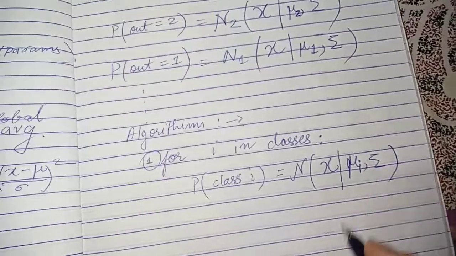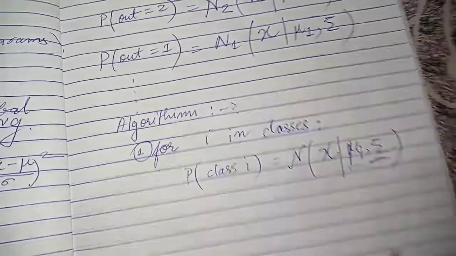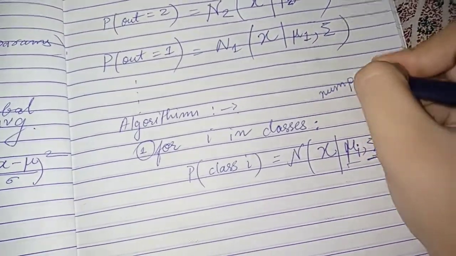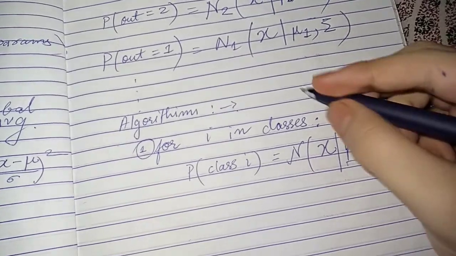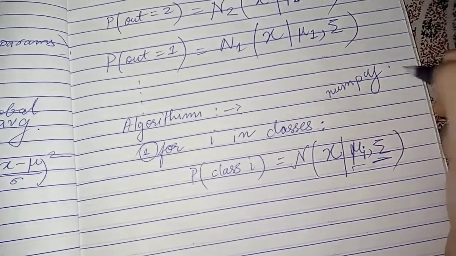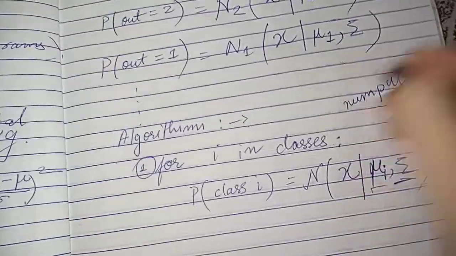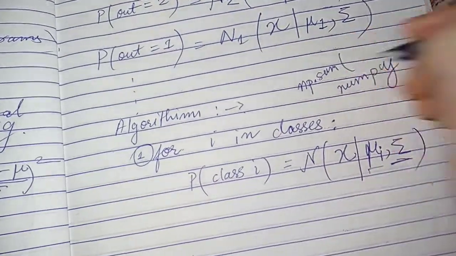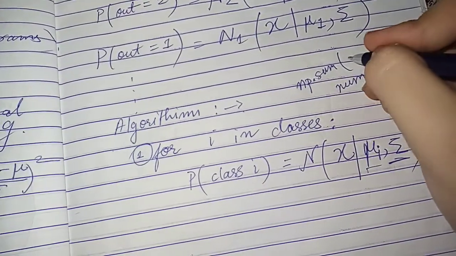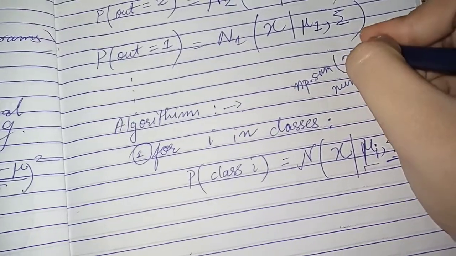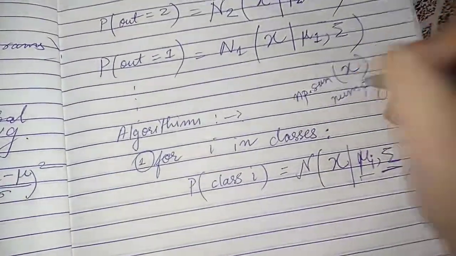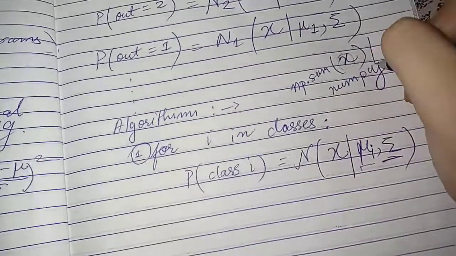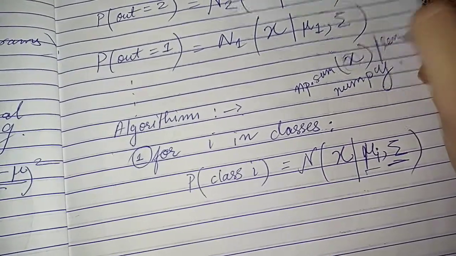Now how will you be finding the value of this mu and sigma? There are certain functions in the NumPy library to find the average. One simple technique is that you can simply do np.sum of x for a particular class, where x is the value of all those parameters that belong to that class, divided by the length of that class.